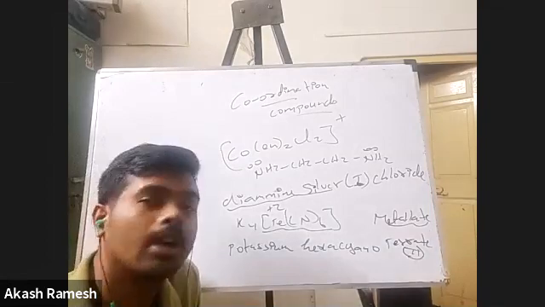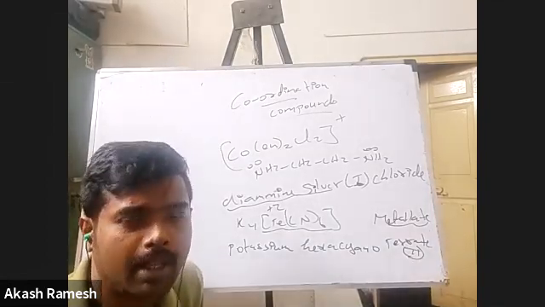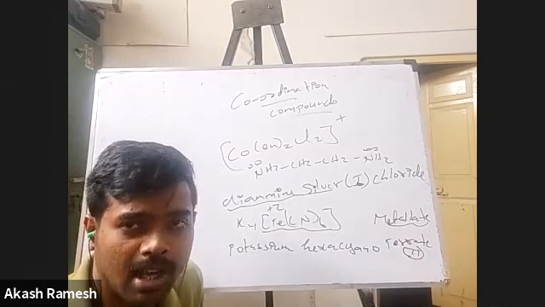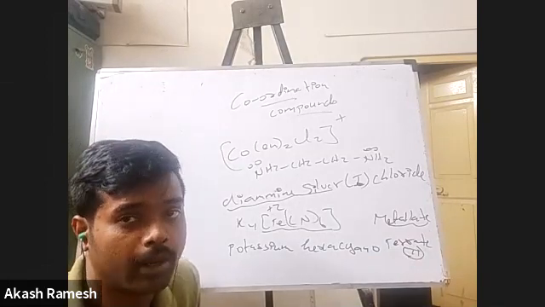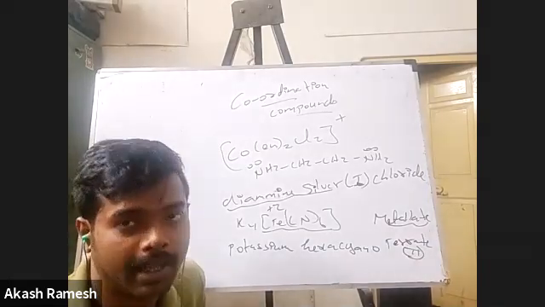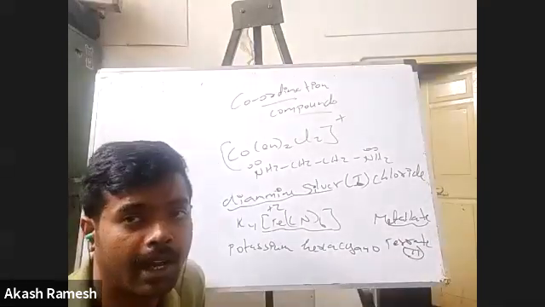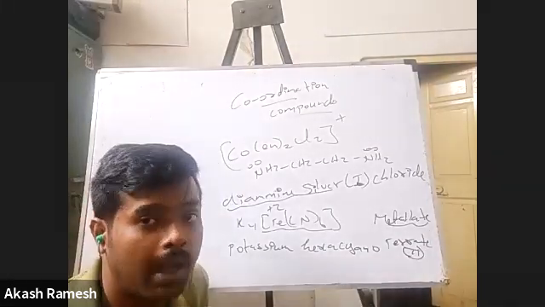Now if you have a monodentate ligand, you use di, tri, tetra, hexa and so on. But if you have a bidentate or any other polydentate ligand, and you have more than one of that type, you cannot use di or tri.